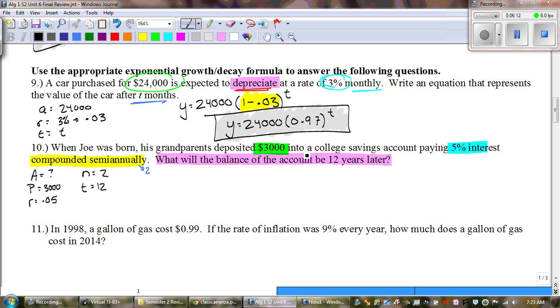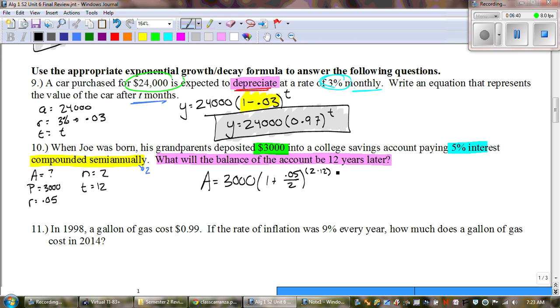Now we can start solving this and plugging in. A equals 30,000 times (1 plus our rate, 0.05, divided by 2) to the power of 2 times 12. We have to be very careful about plugging that in.